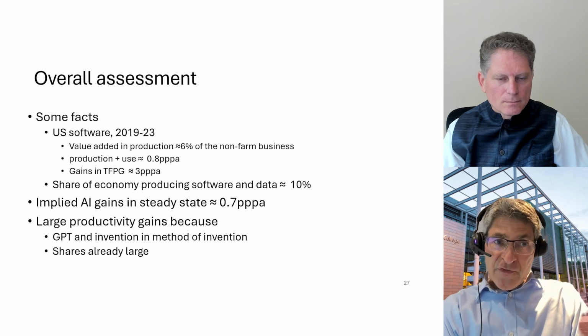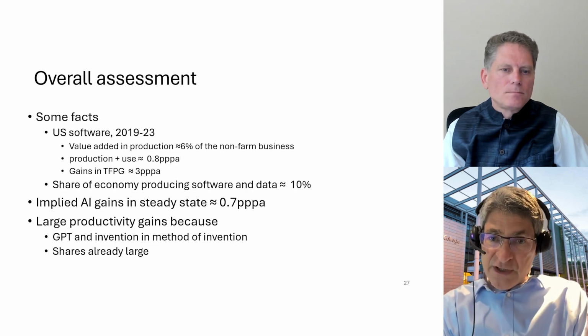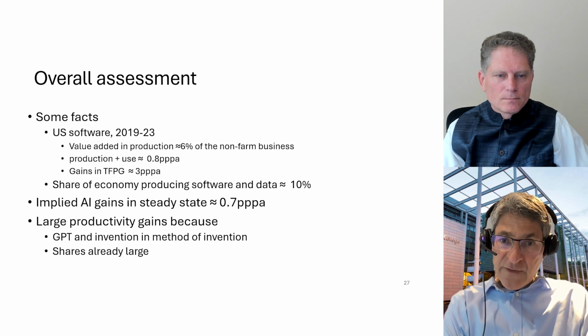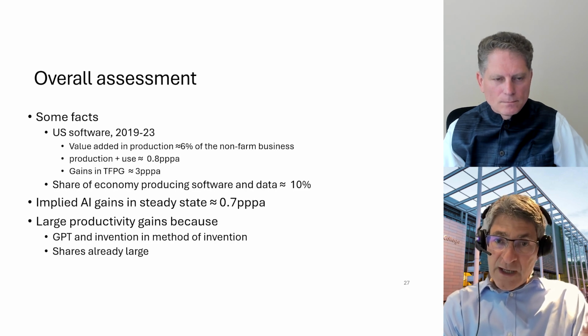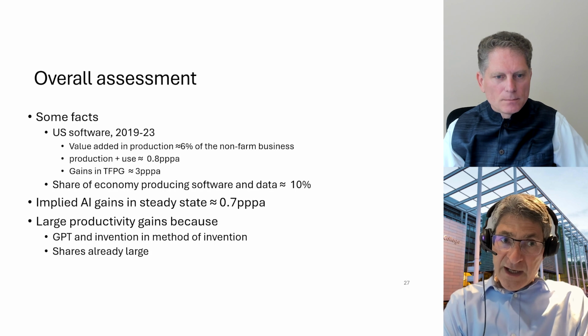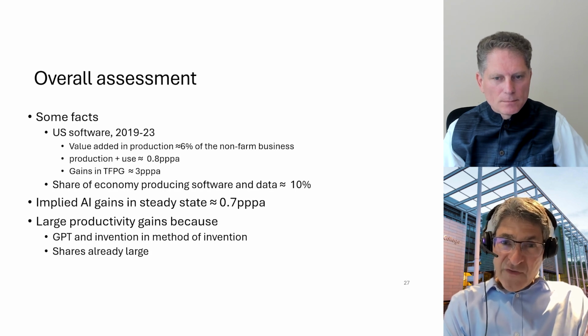It's because this is both a general purpose technology, so it's widespread, and it's an invention in the method of innovation. So it's a fast productivity growth in the upstream innovating sector, fairly widespread in that sector, and that gives you the high number.